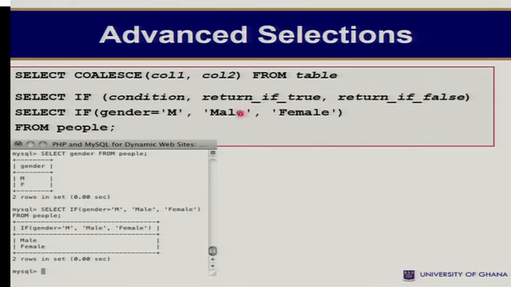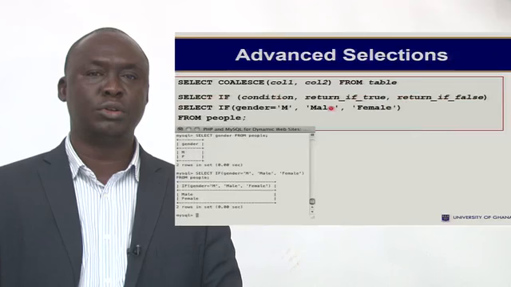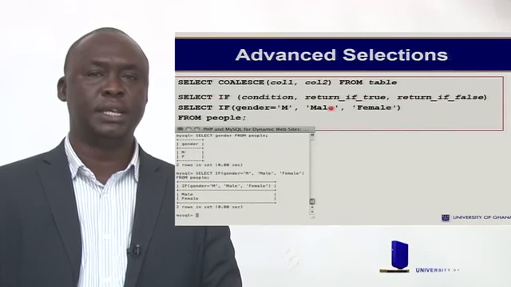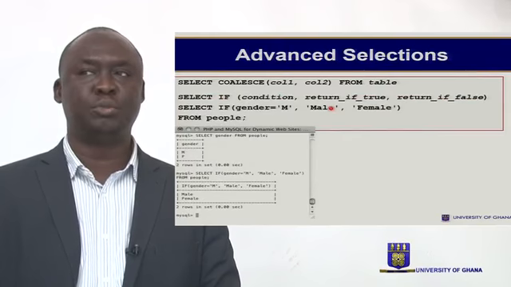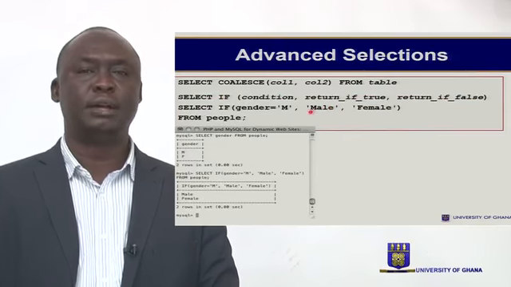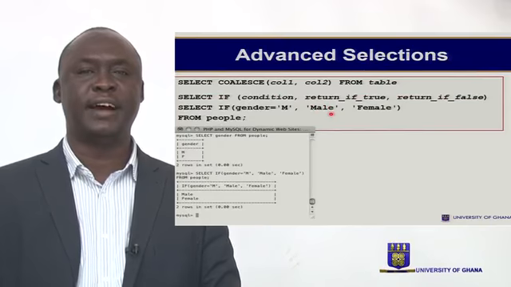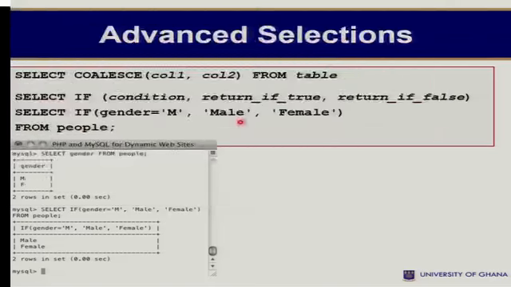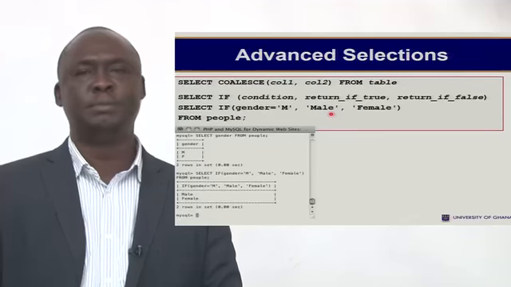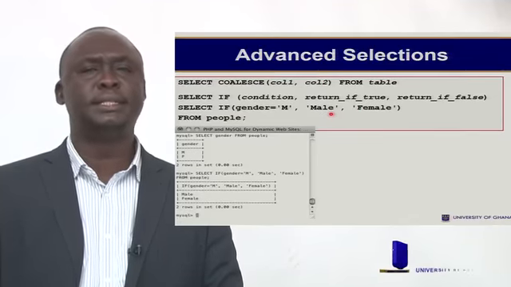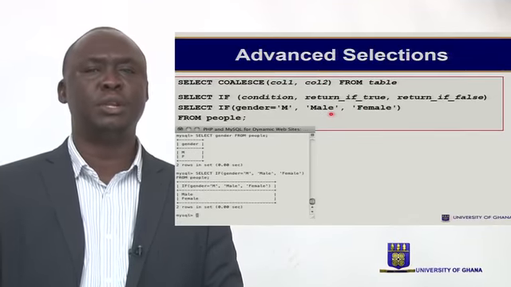So for instance, I'm trying to print out a record, and in my database, I have my gender field as M and F, but I don't want to display M and F as data to my client. So what I want to do is to make sure that when I'm displaying the data, it comes as male or female.